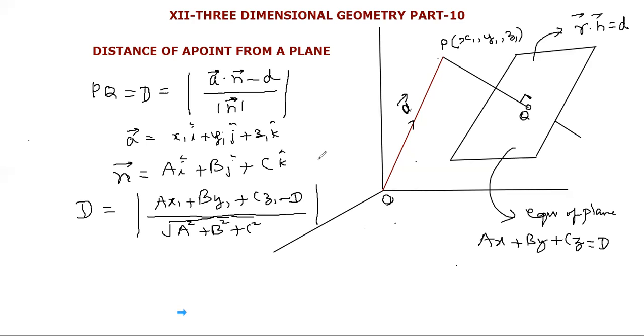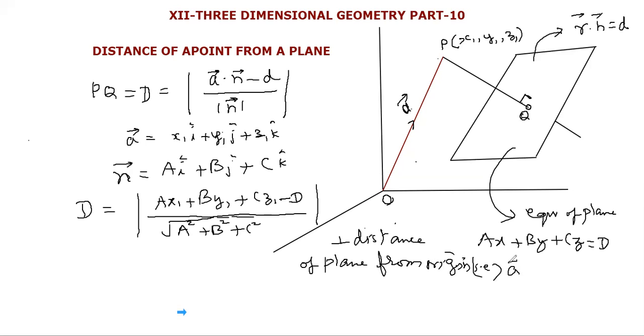One more thing, if this point P will become origin, means if we have to find the distance from the origin, then this A vector will become 0. So if we want to find the perpendicular distance of the plane from the origin from this formula, then vector A will become 0.